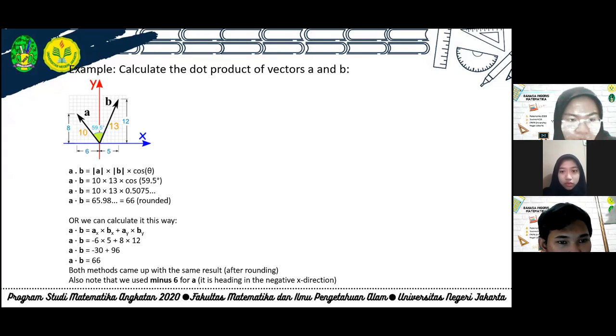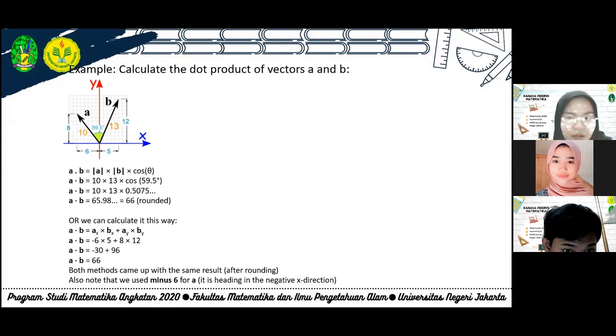Or we can calculate it this way. Dot product of vector A and B equals Ax multiplied by Bx plus Ay multiplied by By. Dot product of vector A and B equals minus 6 multiplied by 5 plus 8 multiplied by 12.